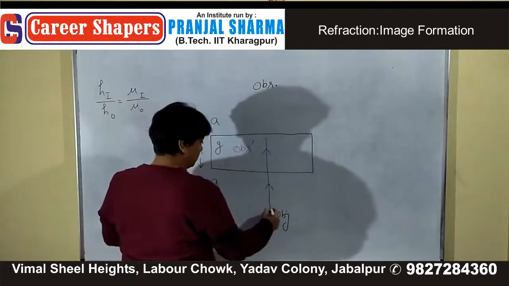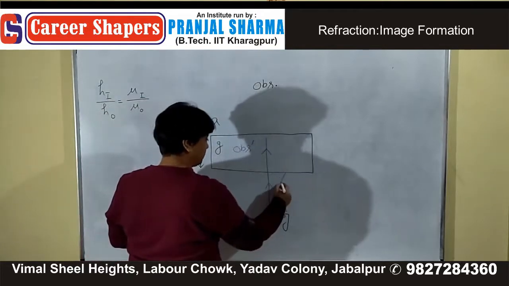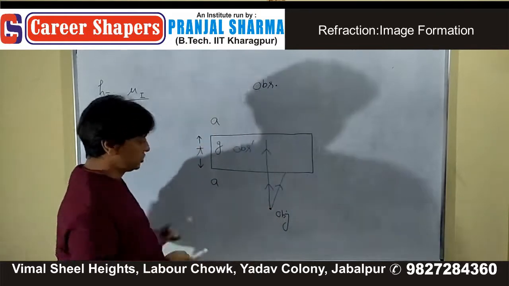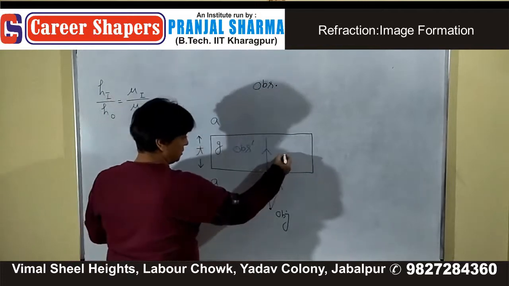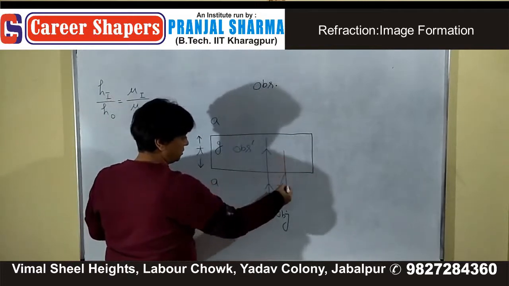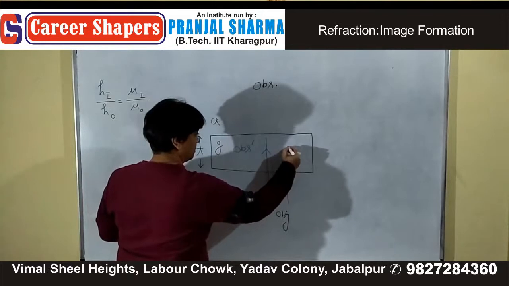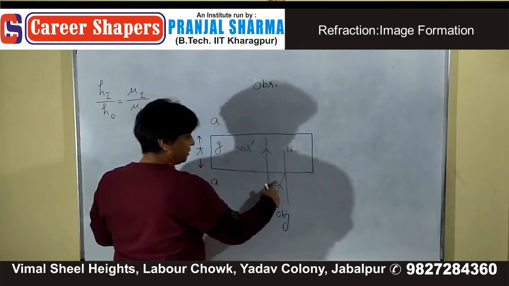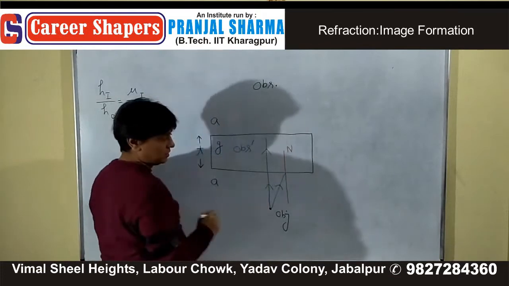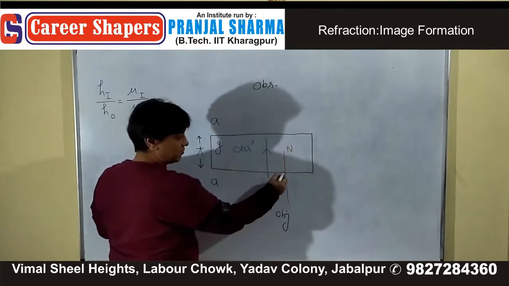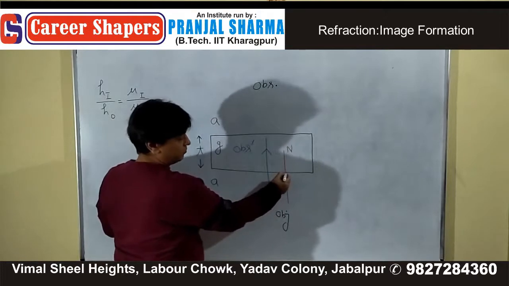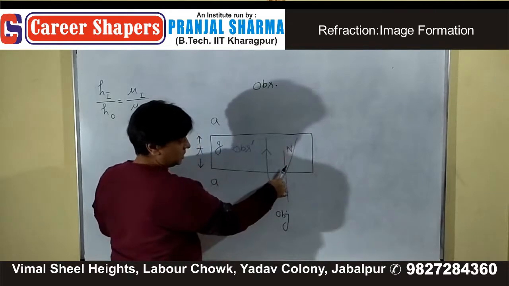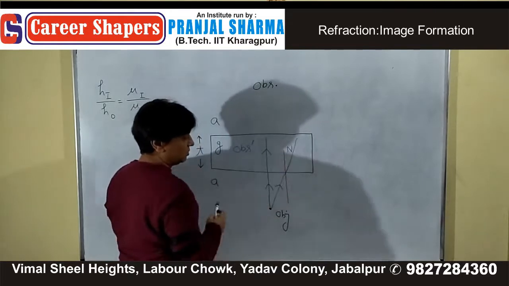Then that's your second ray. At this position, you will draw the normal. That's the normal. Then, since you are moving from rare to denser, this light ray will deviate towards the normal.